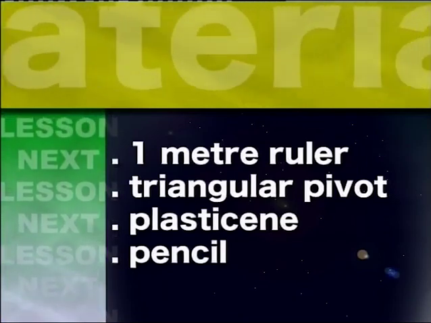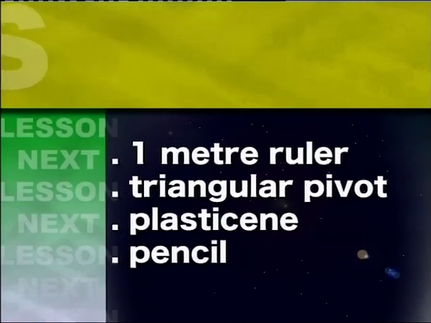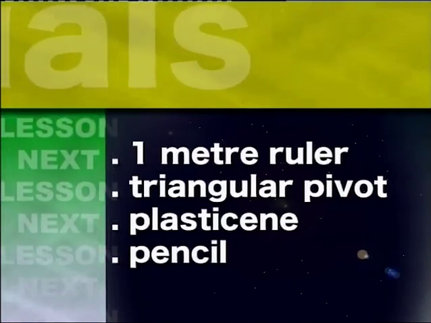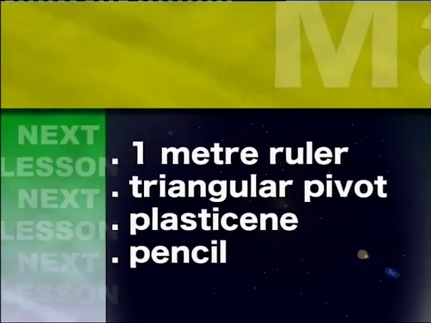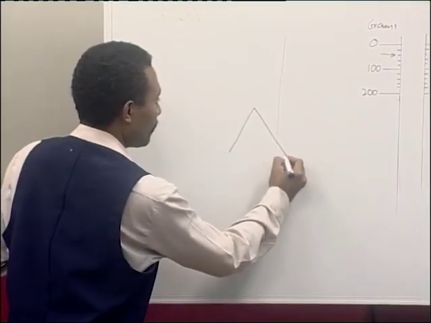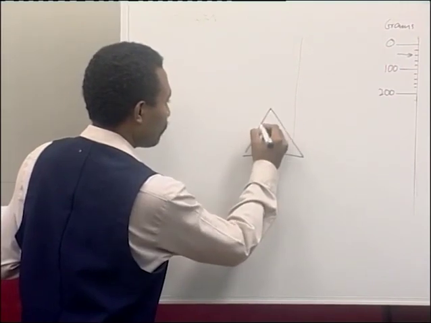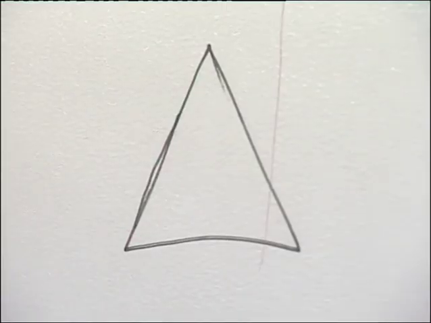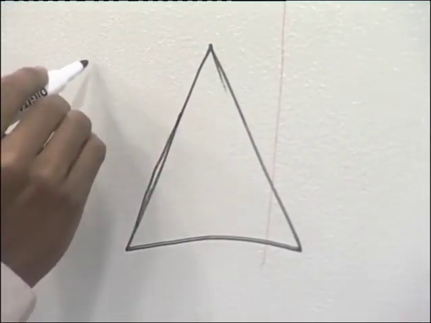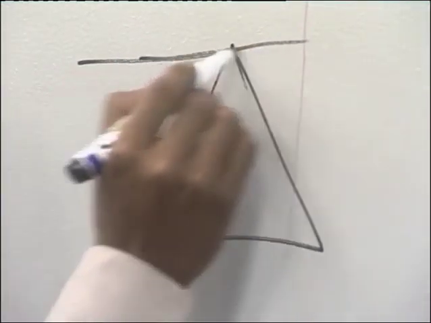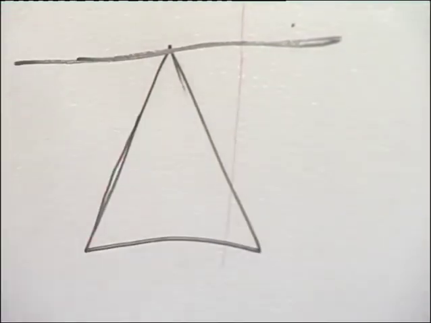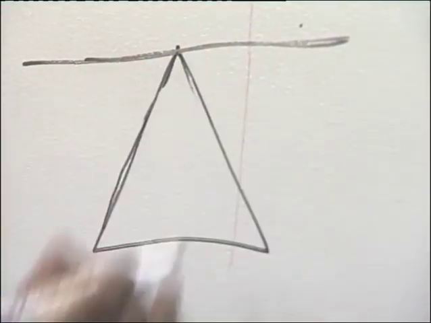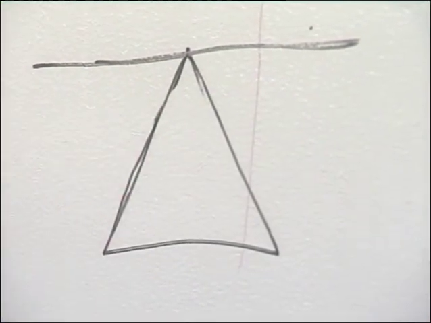Students, you can also come up with a triangular pivot, which will have a shape like this, maybe out of timber. What we are going to do is put a ruler on here, trying to balance things. So I need you to bring a triangular pivot.